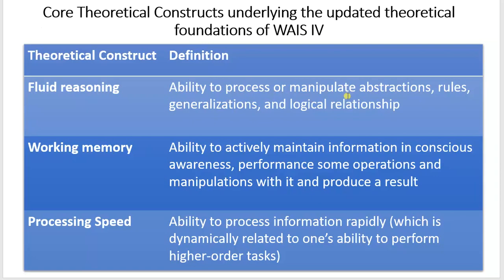On the other hand, working memory has been defined as the ability to actively maintain information in one's awareness, consciousness, to hold it for some time, and then perform some operations and manipulation, for example reversing numbers in sequence or adding some numbers, and produce a result. This is the definition of working memory. Processing speed is defined as the ability to process information quickly, rapidly.